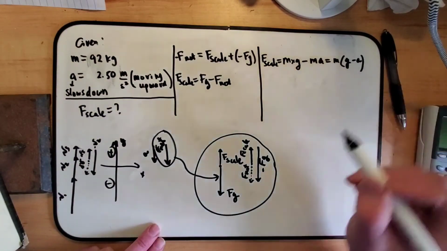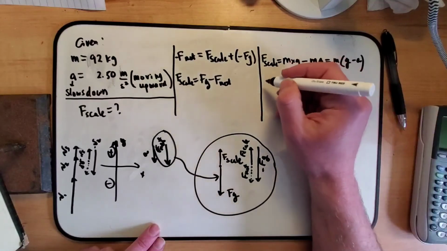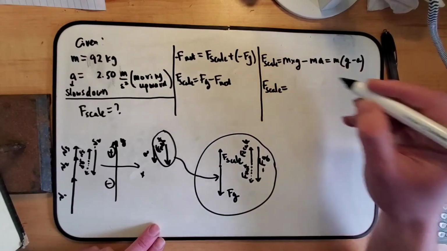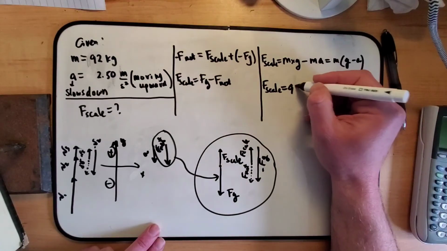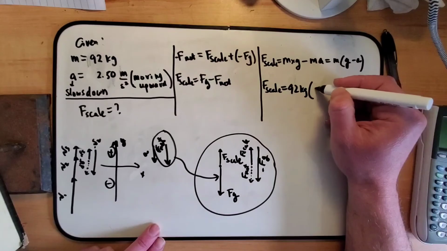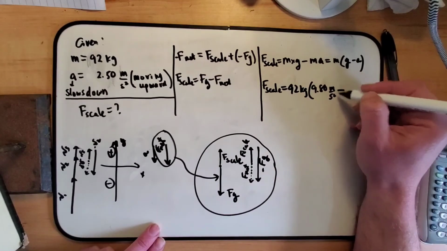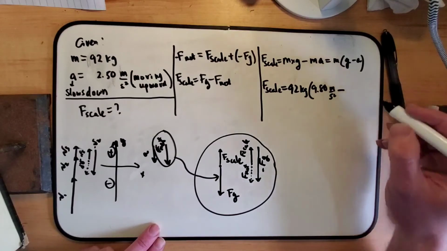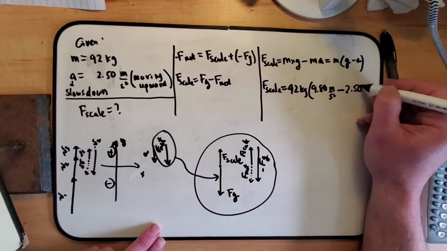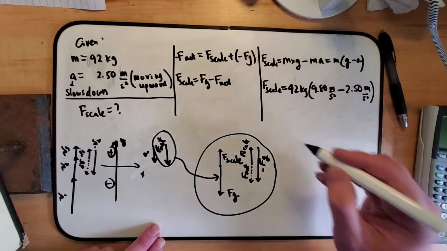There is your negative a right there, guys. All right, so there it is. So let me just solve this problem now. F scale is equal to m, the mass is 92 kilograms, times 9.80 meter per second square, minus, that's where it's slowing down, decelerating, 2.50 meter per second square.